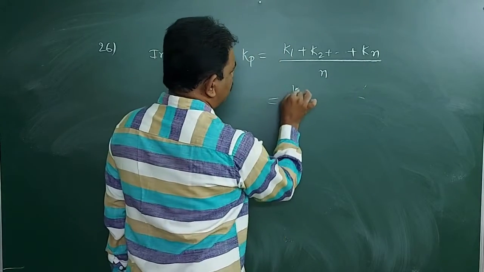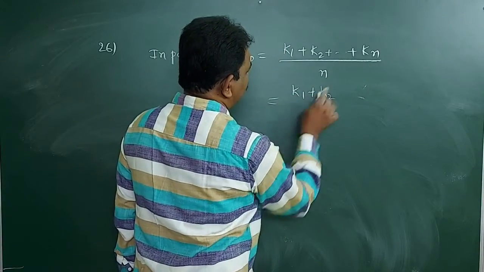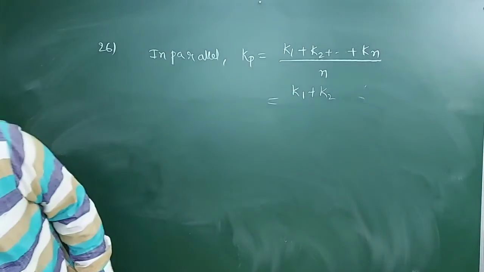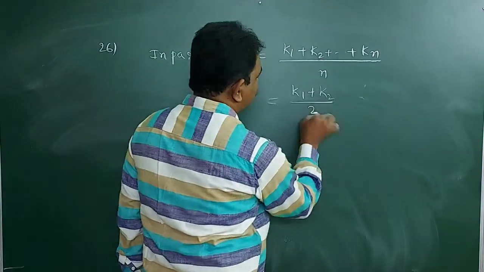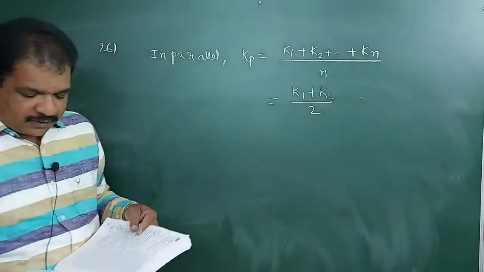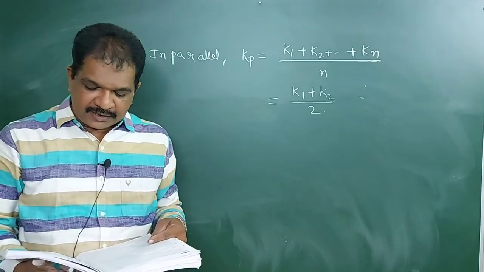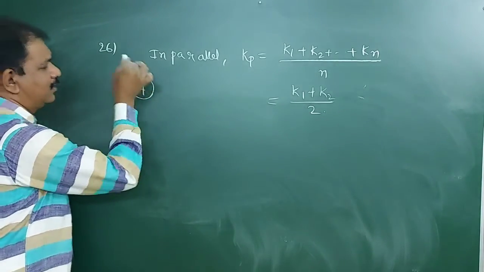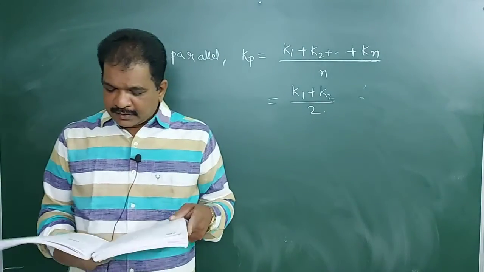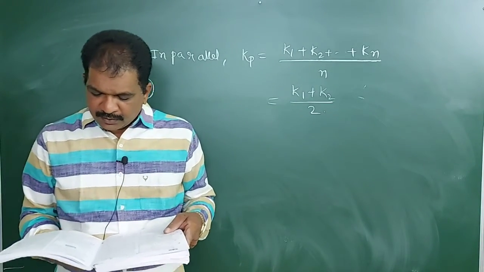Here there are 2, so (K1 plus K2) by 2. Okay. So the option for the 26th will be the fourth option. Simple question only.